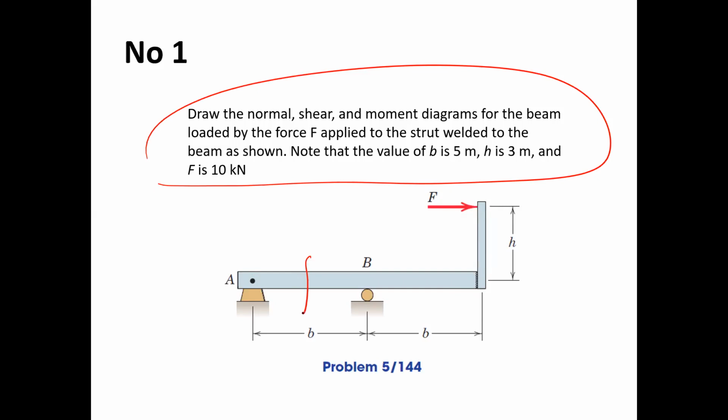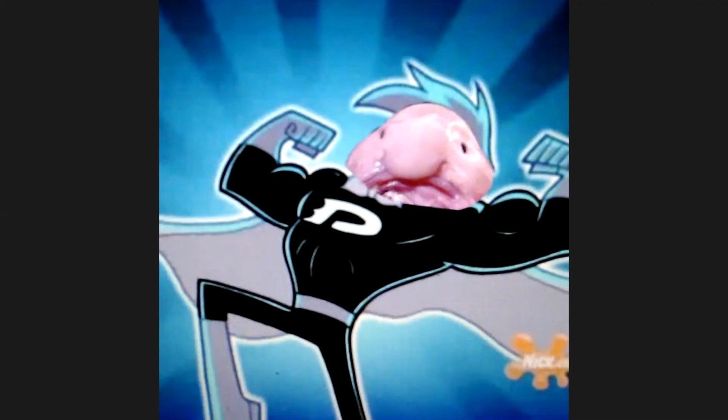The first cut is supposed to be here. The second cut is supposed to be here. And the third cut is supposed to be here. Okay? There will be 3 cuts there. If any of you still have a problem with this, I will try to solve it for the exam problem.